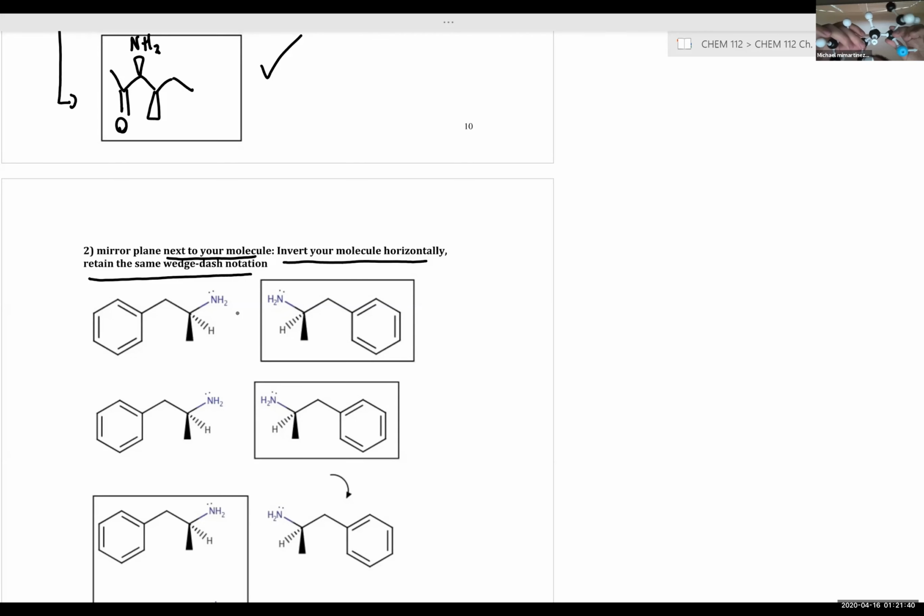Now my question to all of you is, for our enantiomer as drawn, what happens to our methyl group when we flip? For our enantiomer, if we draw our enantiomer using the horizontal mirror plane, where is our methyl group? Is it going out or in?